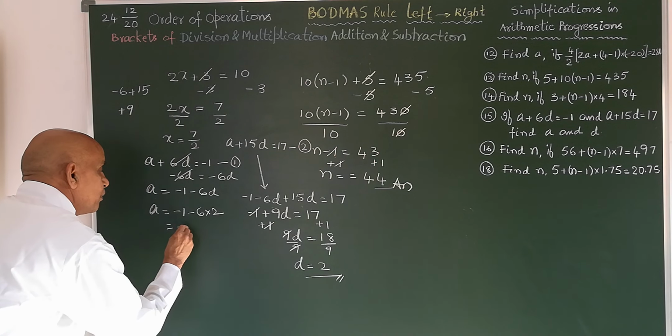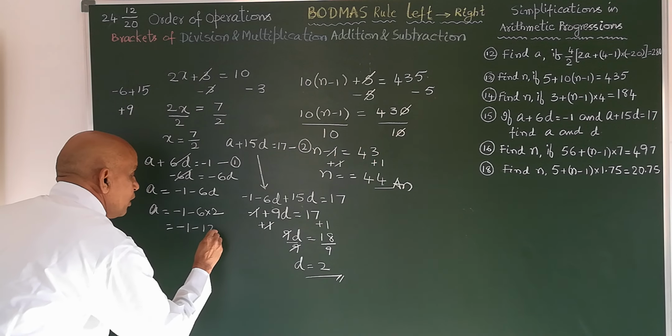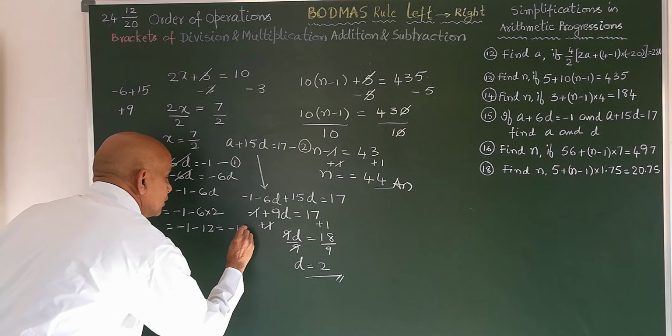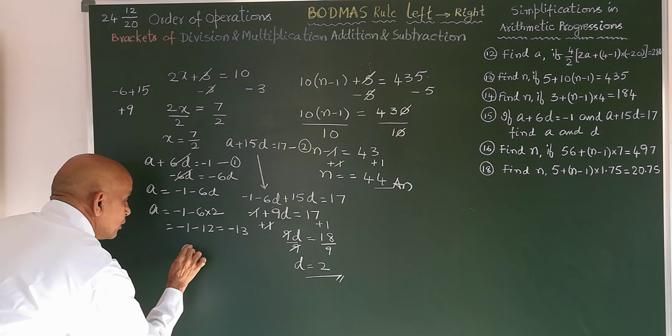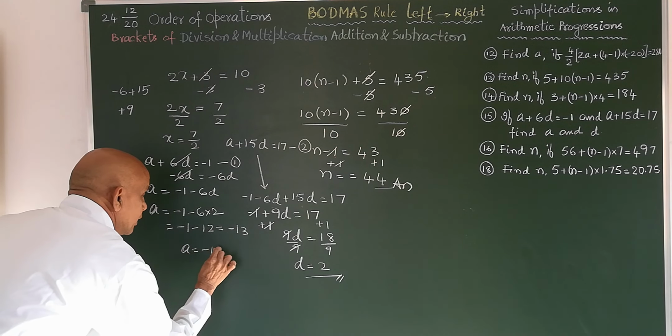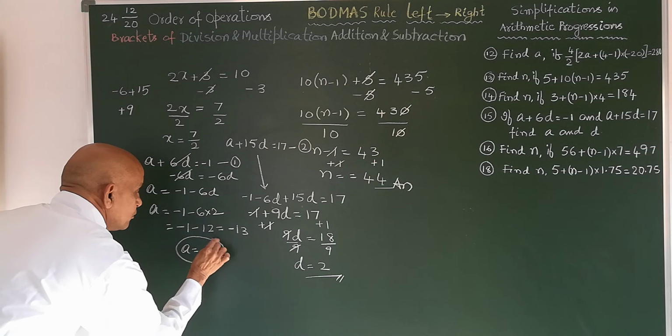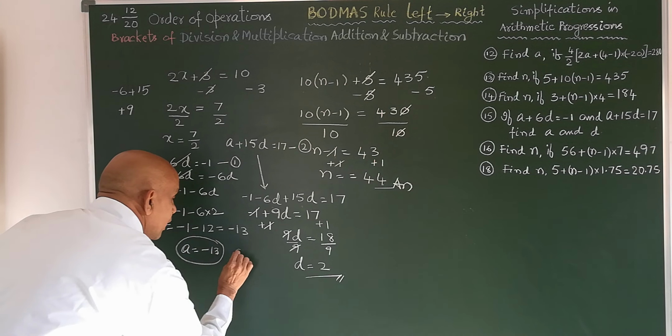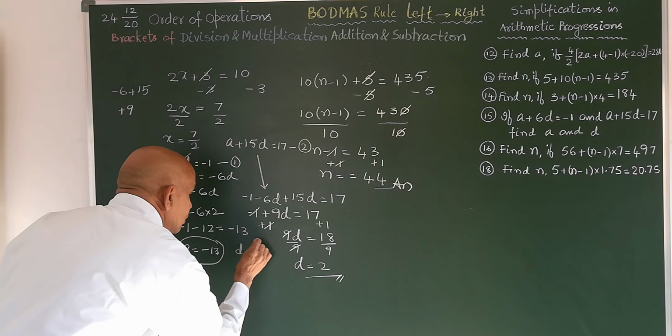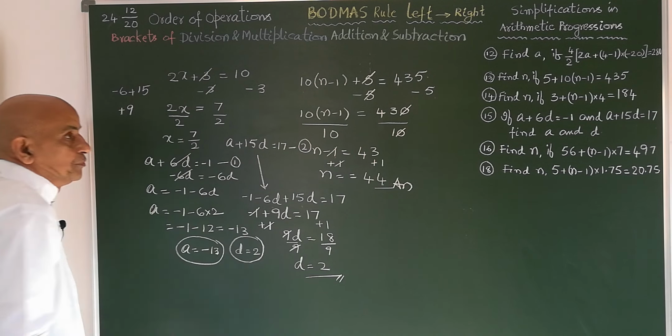So this becomes minus 1 minus 12, which is equal to minus 13. Therefore, a is equal to minus 13 and d is equal to 2. So these are the two answers.